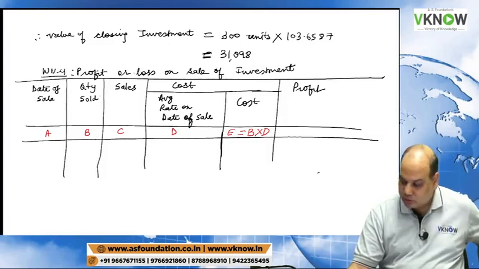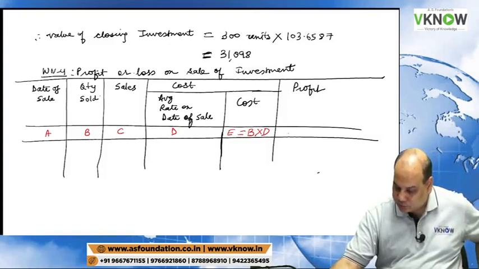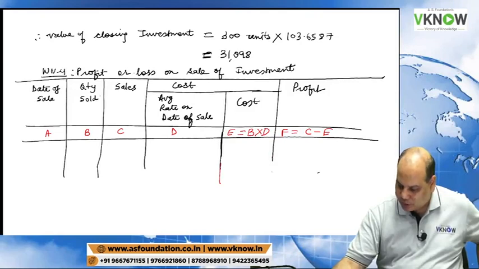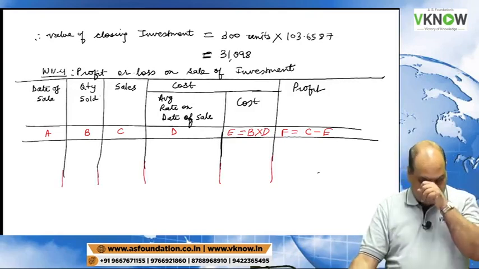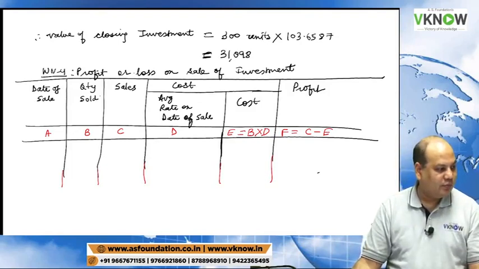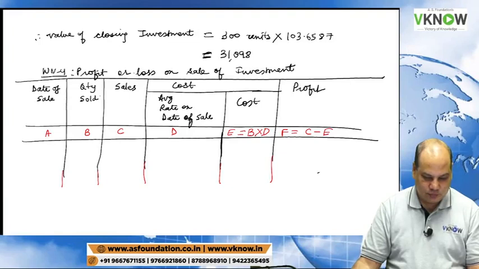And profit will be equal to column number F, C minus E.